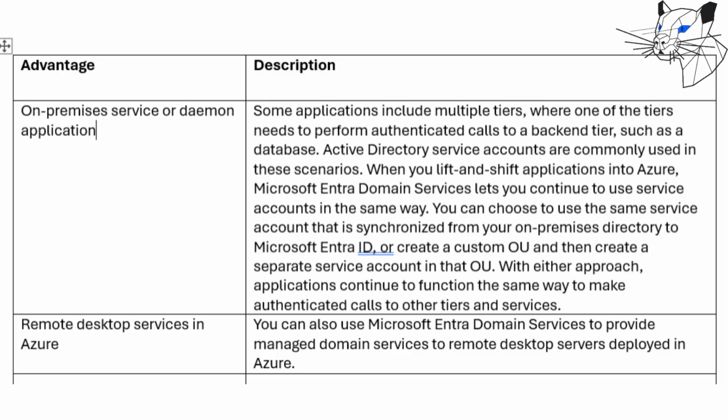You can choose to use the same service account that is synchronized from your on-premises directory to Microsoft Entra ID, or create a custom OU and then create a separate service account in that OU. With either approach, applications continue to function the same way to make authenticated calls to other tiers and services. Remote desktop services in Azure. You can also use Microsoft Entra Domain Services to provide managed domain services to remote desktop servers deployed in Azure.